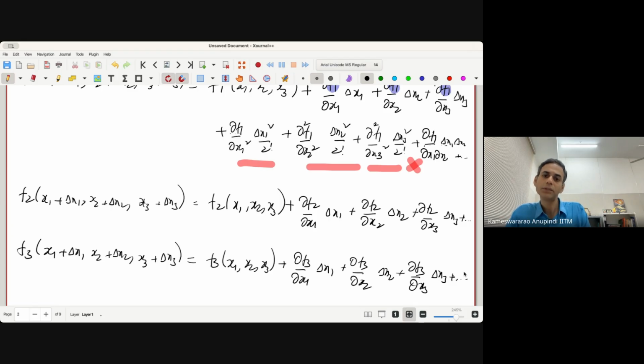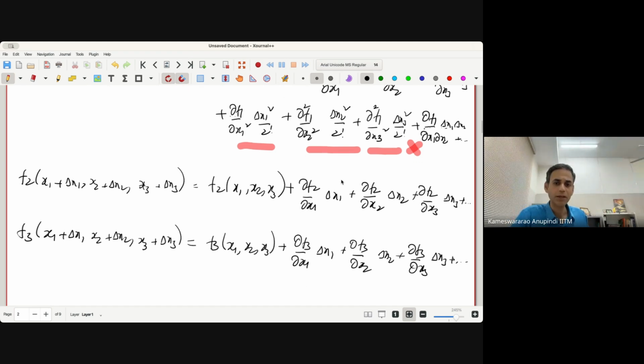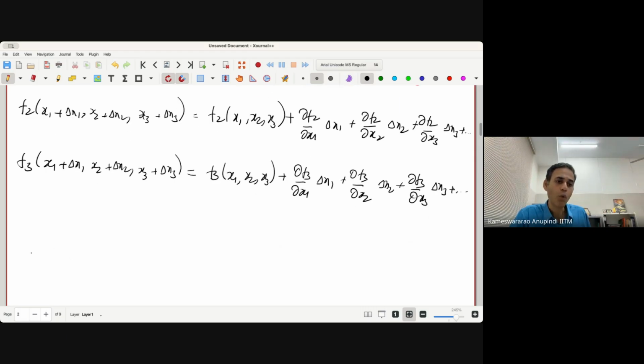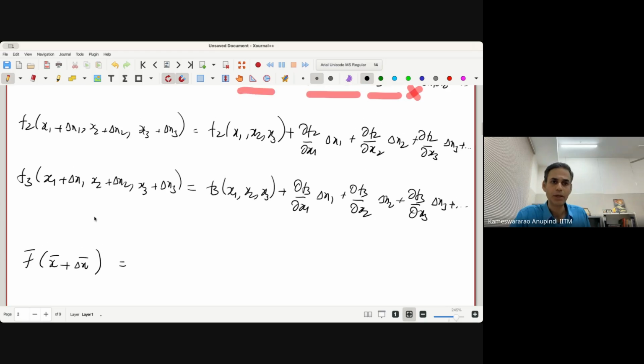Now that means I have expanded all these three functions f1, f2, f3 in terms of the base value calculated at x1, x2, x3 plus the first terms in the Taylor series expansion. That means I can also combine all these things. I can write the left hand side as one term, f bar of x bar plus delta x bar. Basically, this is now a vector.